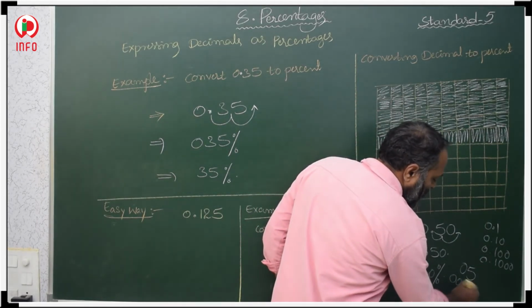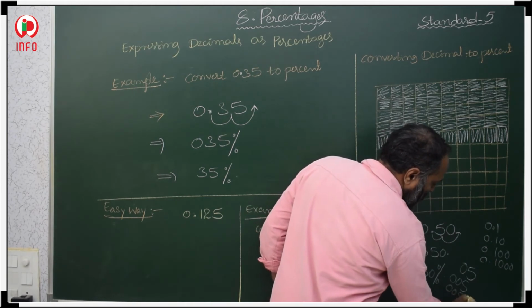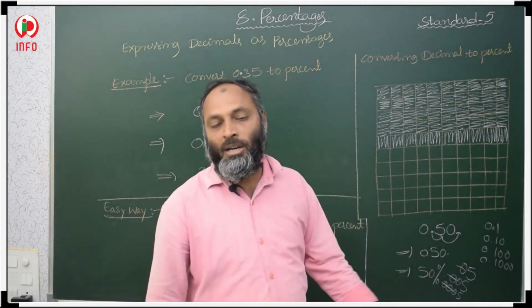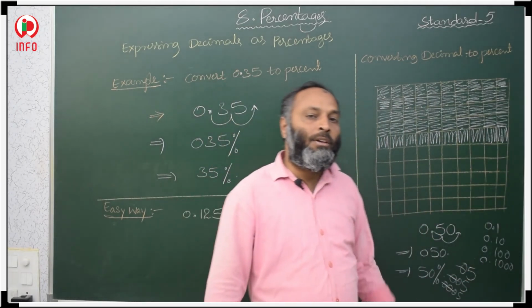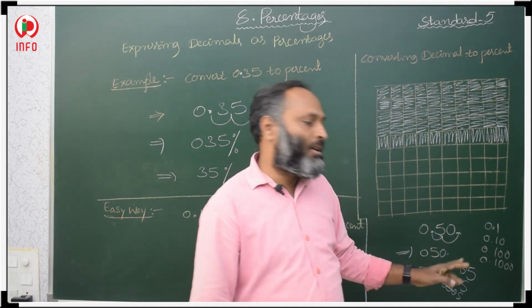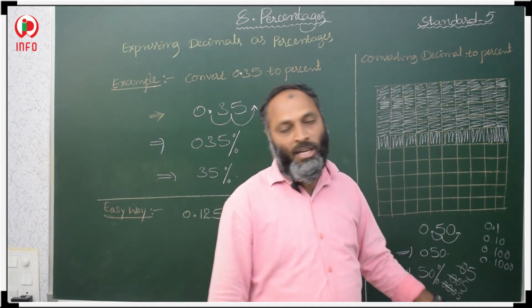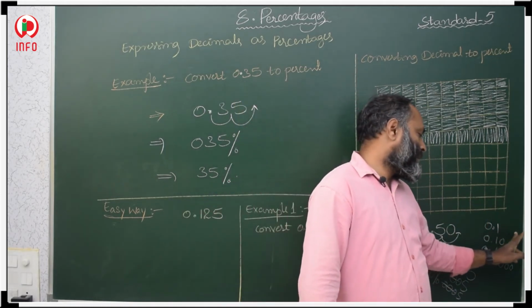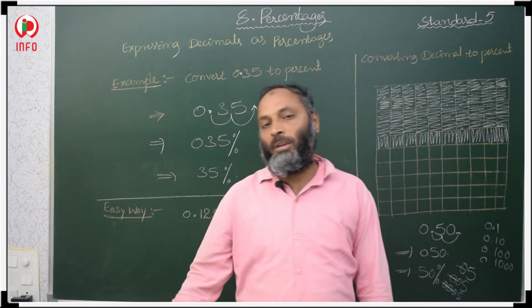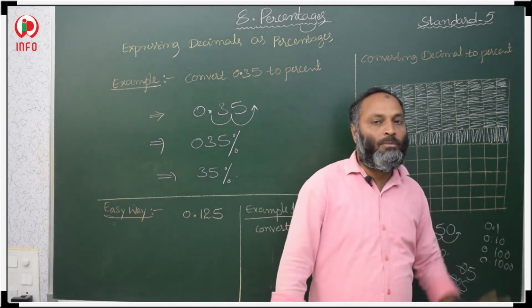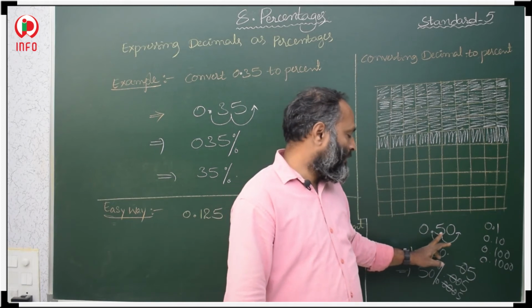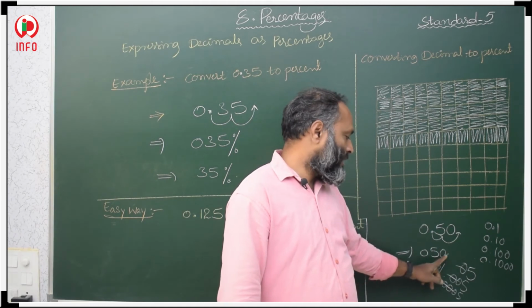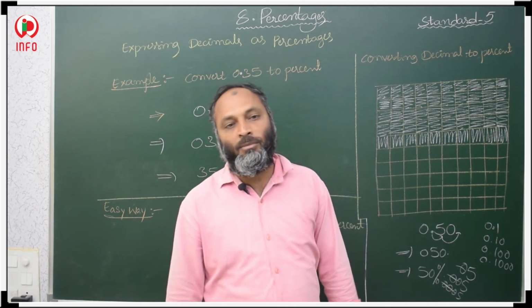If I keep one more 0, the value is still 5. However many zeros you keep, the value remains 5. Without decimal numbers, zeros on the left side have no value. If you keep zeros on the right side of a decimal number, the value remains the same. That is why only 5 is there, so we took one more 0 here. After that we take the decimal, and that is 50%.